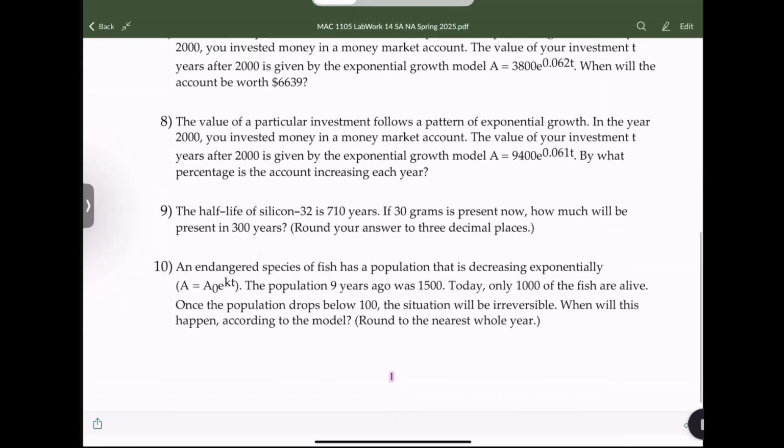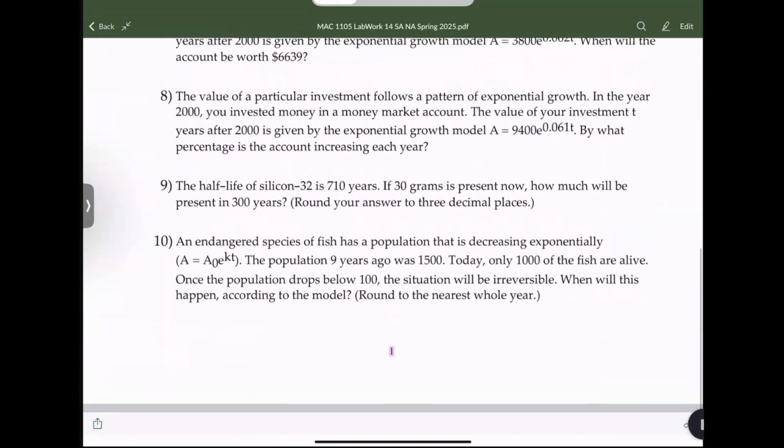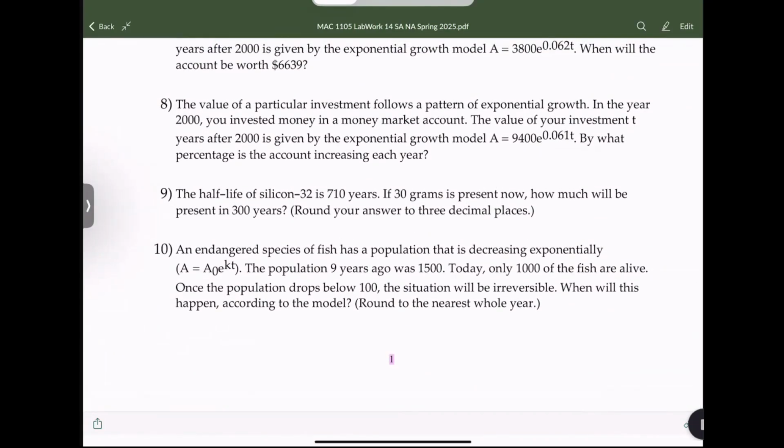Number 10. Let's look at number 10. It's talking about a species of fish that is decaying. Well, no, because it's 30 grams. So very close.